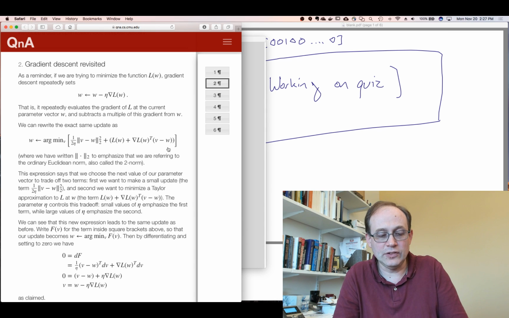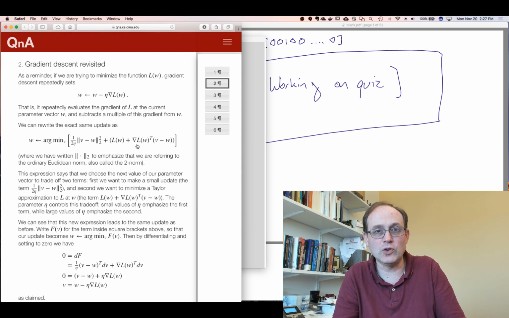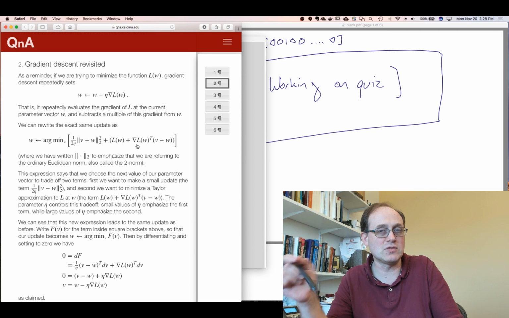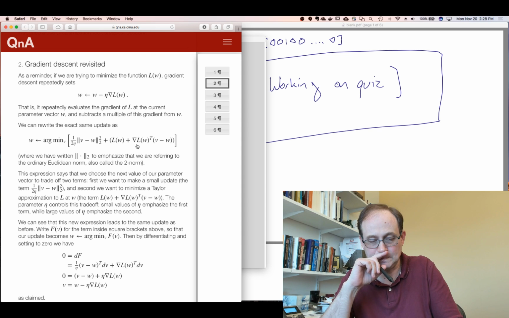So what this says is, maybe I can't directly minimize L, but what I'll do is make a first order Taylor approximation of L around my current parameter vector, and I'm going to minimize that. But while I'm doing so, I'm going to stay close to my current parameter vector, because I know that the first order Taylor approximation is only valid in a small region around my current parameter vector.